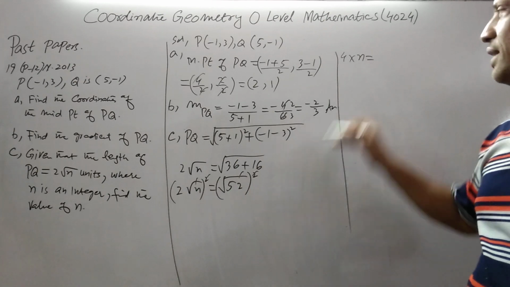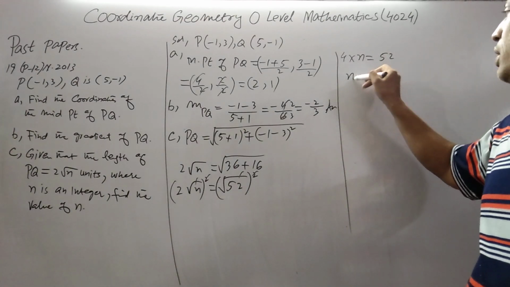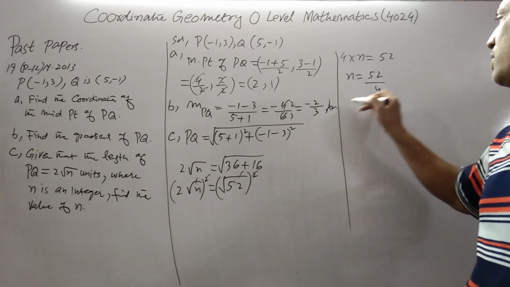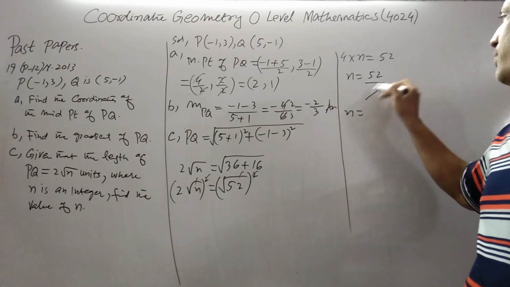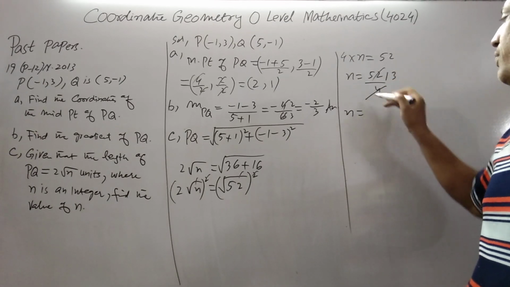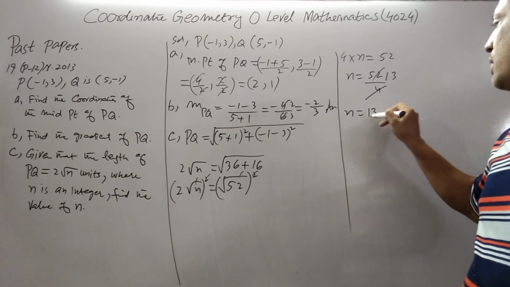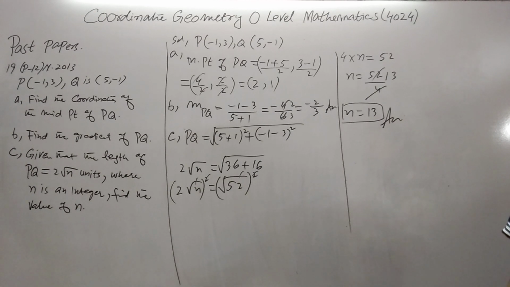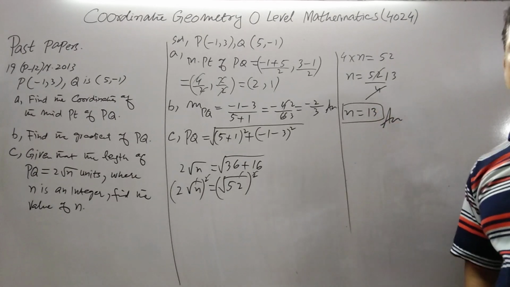Square and root cancel. The answer is 52. n is equal to 52. This 4 is multiplied over here, so this should divide. 4 1s are 4, 4 1s are 4, 4 3s are 12. Therefore, the value of n is 13. I hope you completely understand this part C, where we need to find the value of n, and the value of n is 13.